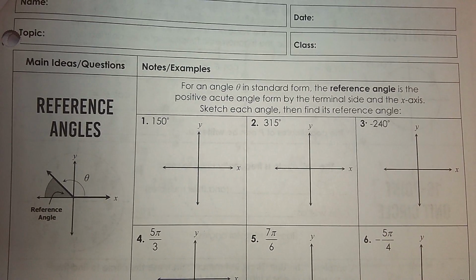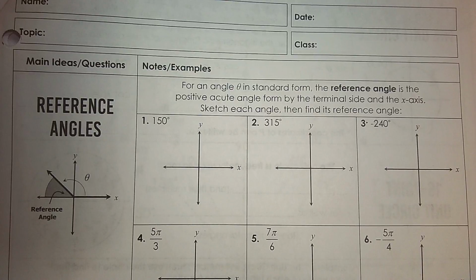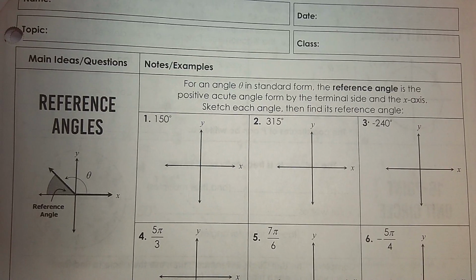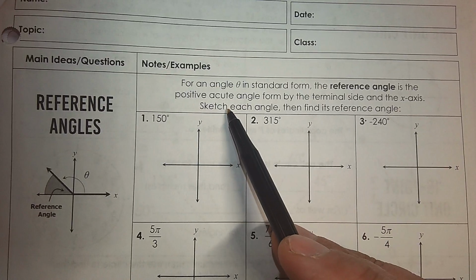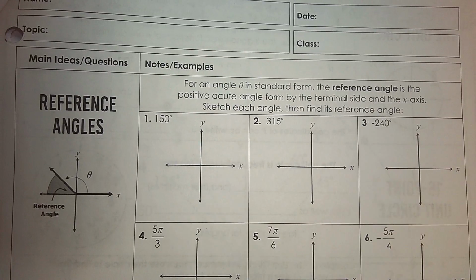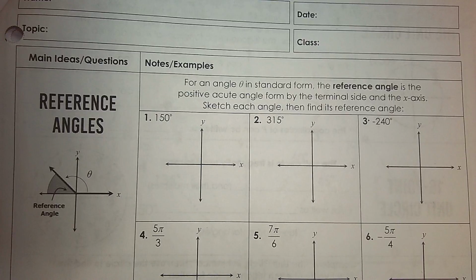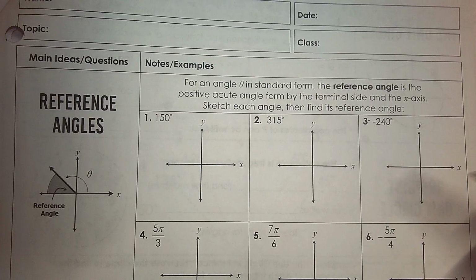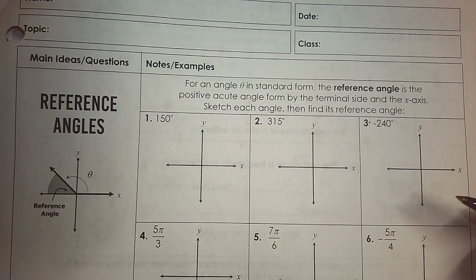If that angle is obtuse, then you have to subtract from 180, and it's the other side that is the reference angle. So for an angle in standard form, the reference angle is the positive acute angle made with the x-axis. And it's formed by the terminal side and the x-axis. So sketch each angle, then find the reference angle.